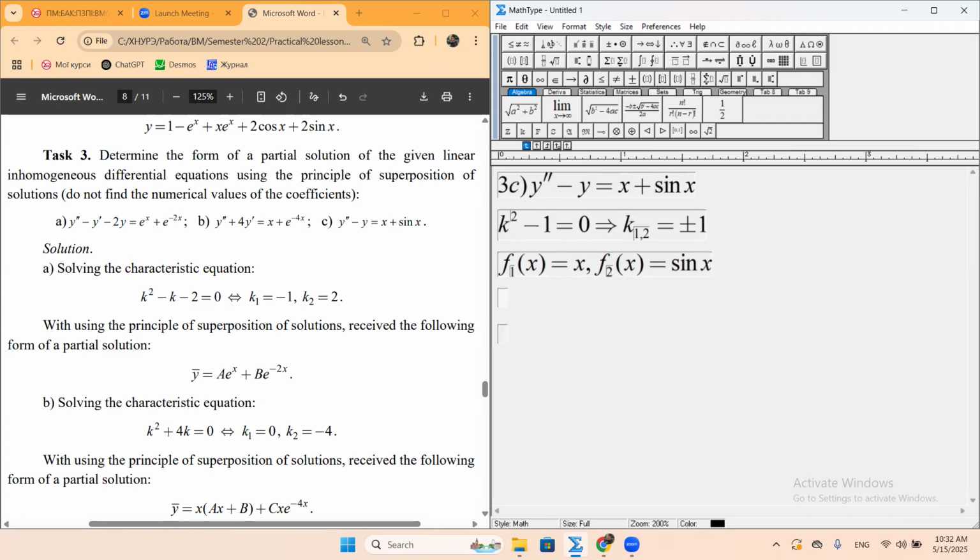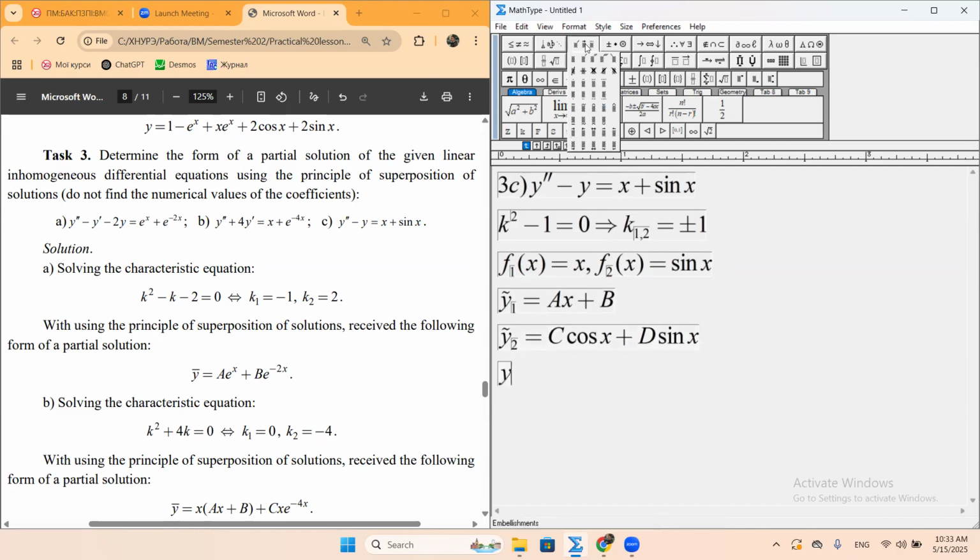So y1 with wave will be equal to ax plus b, and y2 with wave will be equal to c cosine of x plus d sine of x.